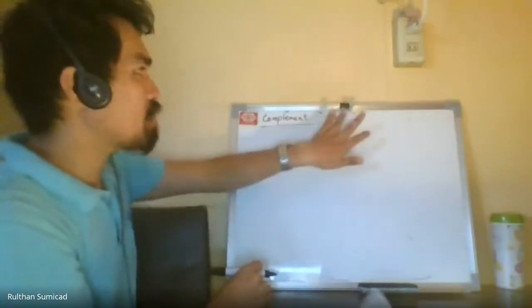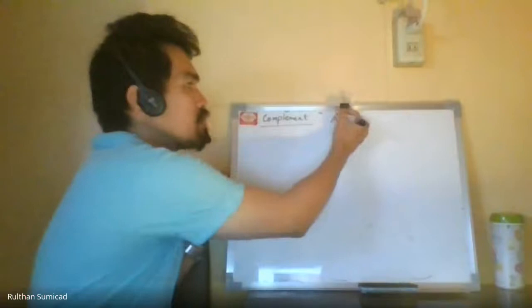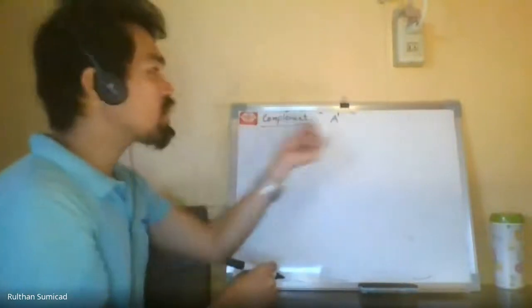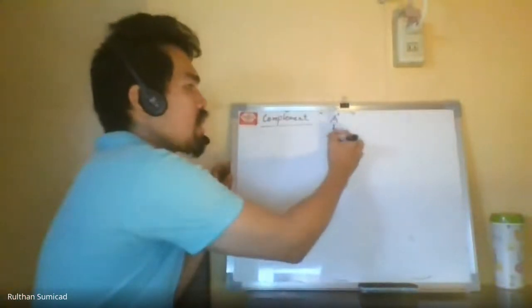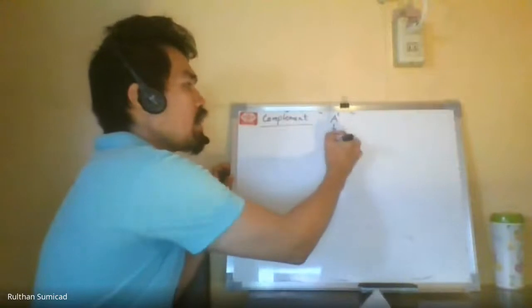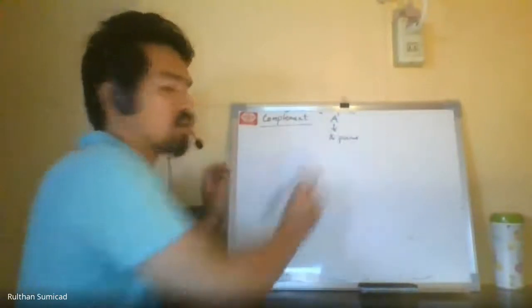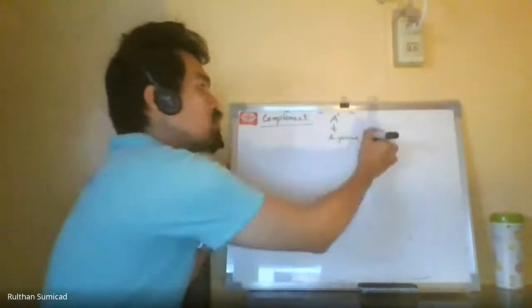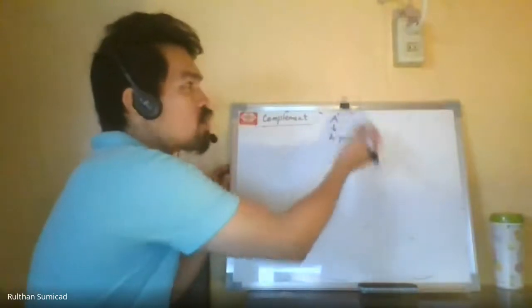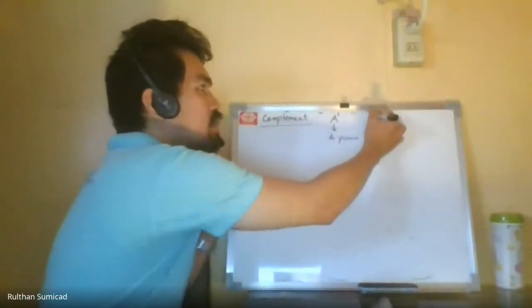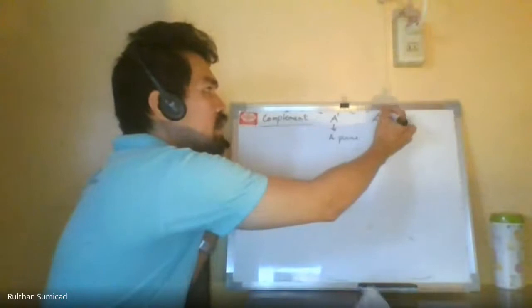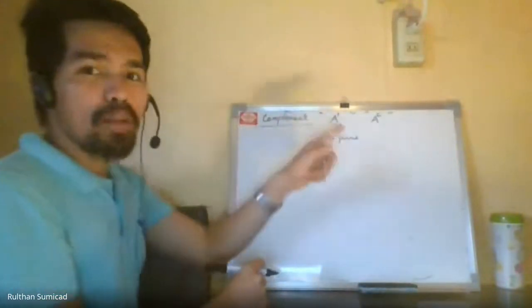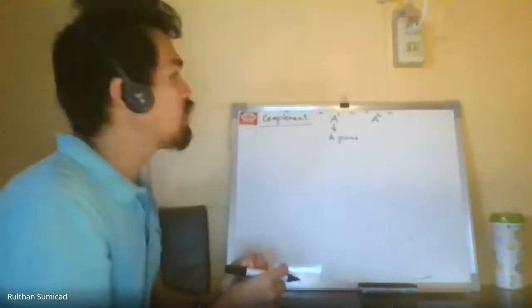There's an A and then a symbol somewhere here. We read this one as A prime. You can also encounter the symbol like this, A and then C. It means A complement, the complement of set A.